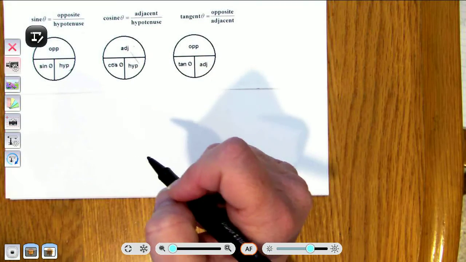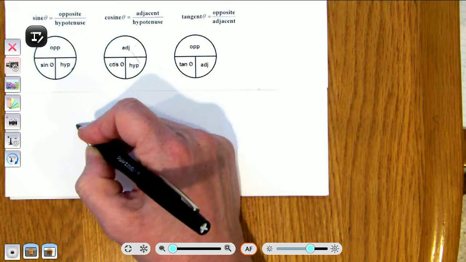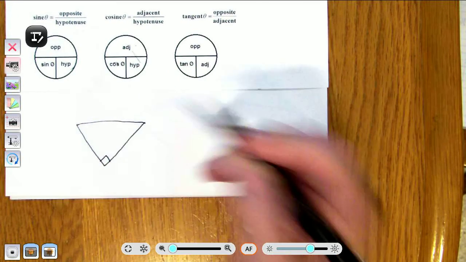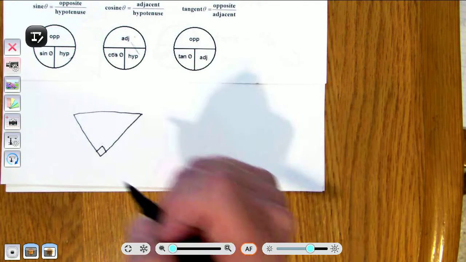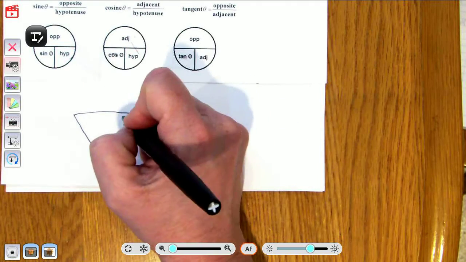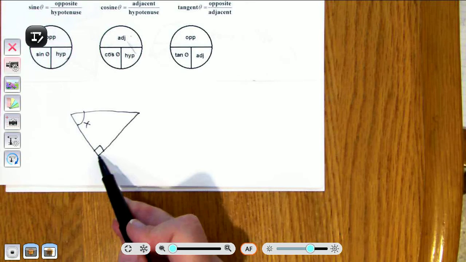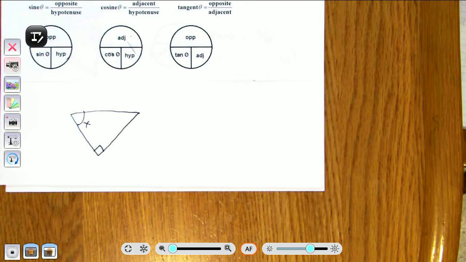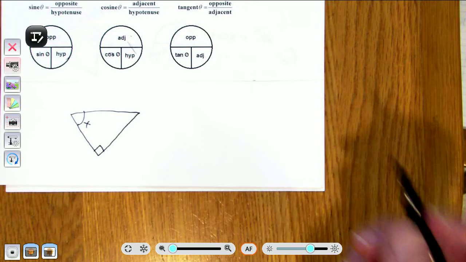Let me see if I can create a triangle. We'll do it this way. Yeah, there we go. So we kind of have to turn our head a little bit. And let's say I'm looking for, let's go for this guy. I already know this one's 90, so I don't need to find him. Let's say that that is my x, the thing I'm looking for.